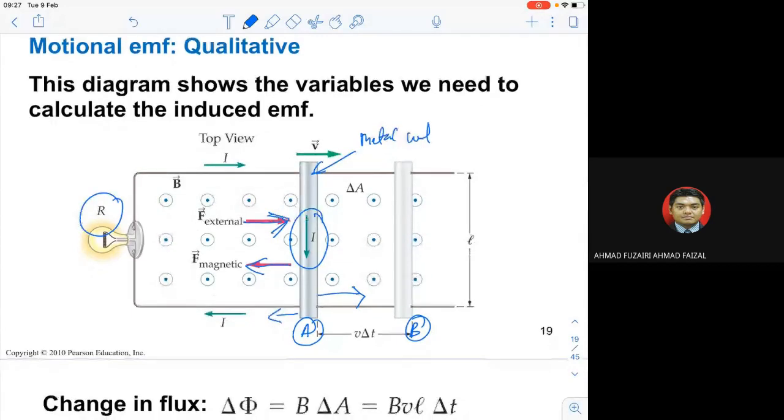Because of the change of flux, we can light the bulb. We can create the induced current by changing the flux, and of course the induced EMF.